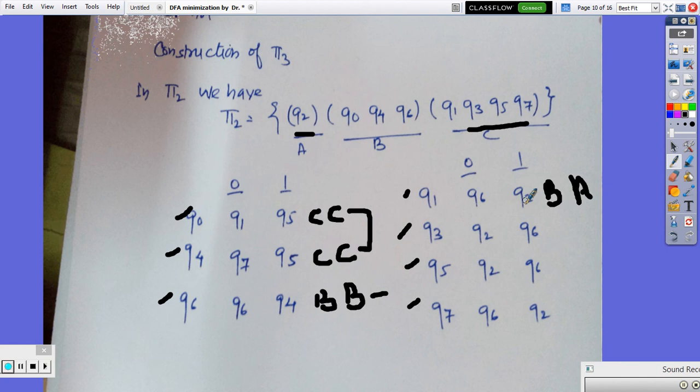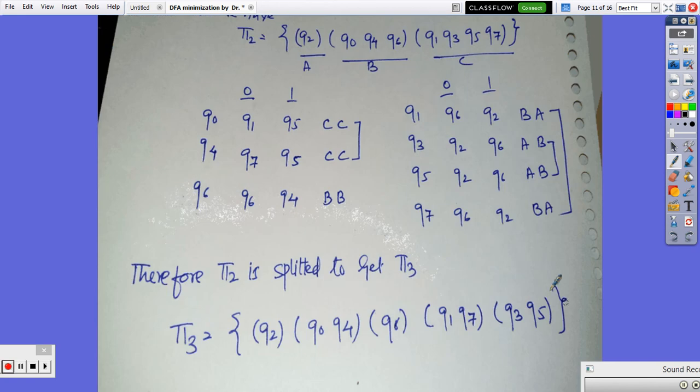First is B, then is A, so we write BA. For Q2, Q6, Q2 is A and this is B, so this is different. BA and AB are different. Likewise we will find for all, and we find CC. So we identified that this should be kept together and this should be separated.